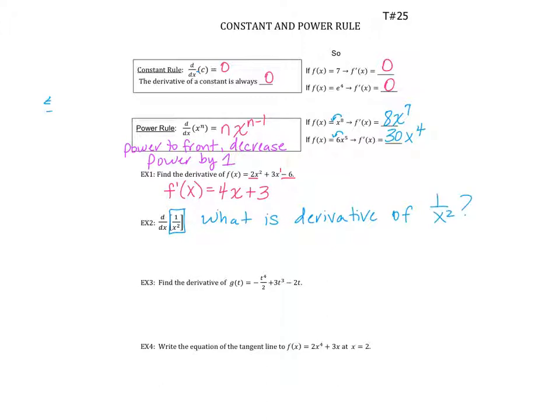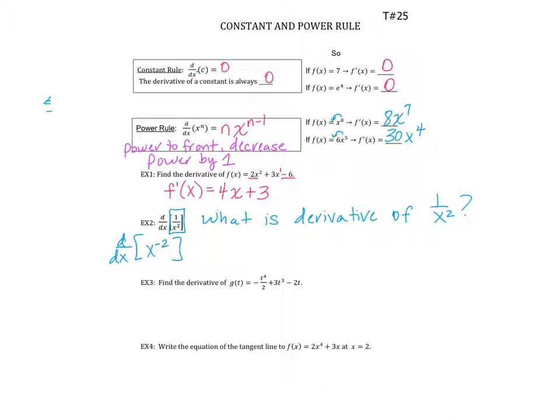Now, here's the deal. When you have 1 over x squared, you cannot take the derivative of a quotient without the quotient rule, which you don't know yet. And even still, when you know that rule, rewriting it is going to be much faster. So do you see that I could write this as, hey, what's the derivative of x to the negative 2? 1 over x squared is the same thing as x to the negative 2.